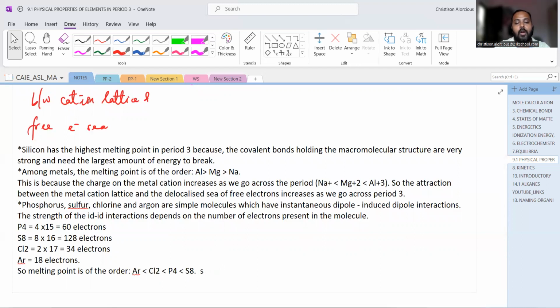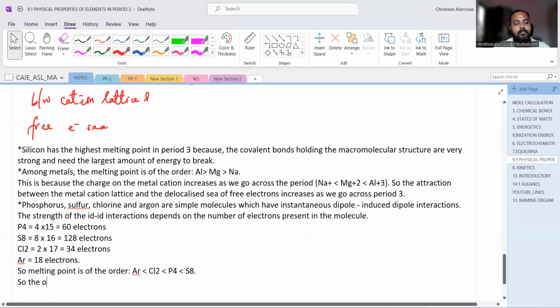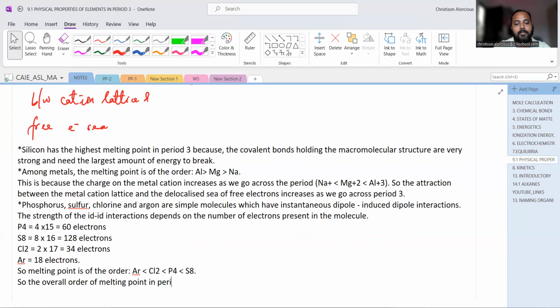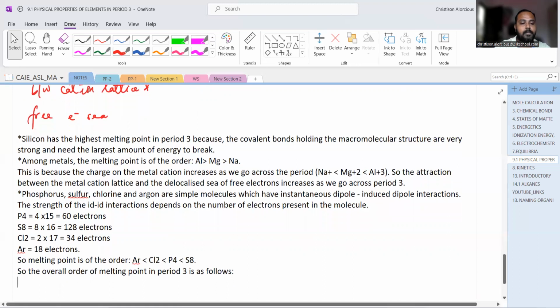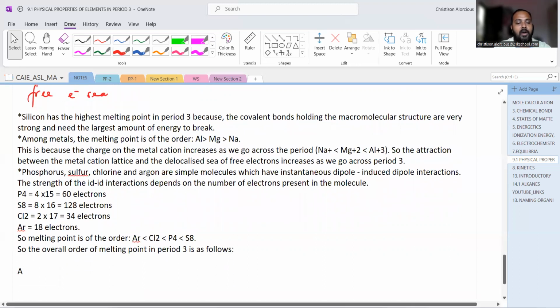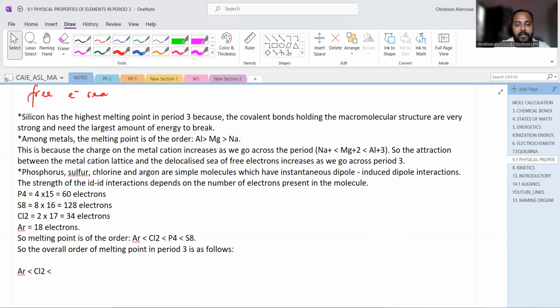So the overall order of melting point in period 3 is as follows. The least would be argon, followed by chlorine, followed by phosphorus, followed by sulfur, and next comes sodium, magnesium, aluminium, and finally silicon with its macromolecule.